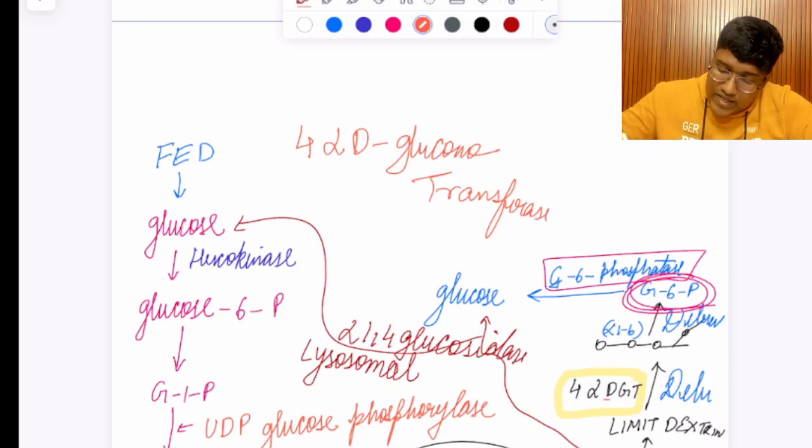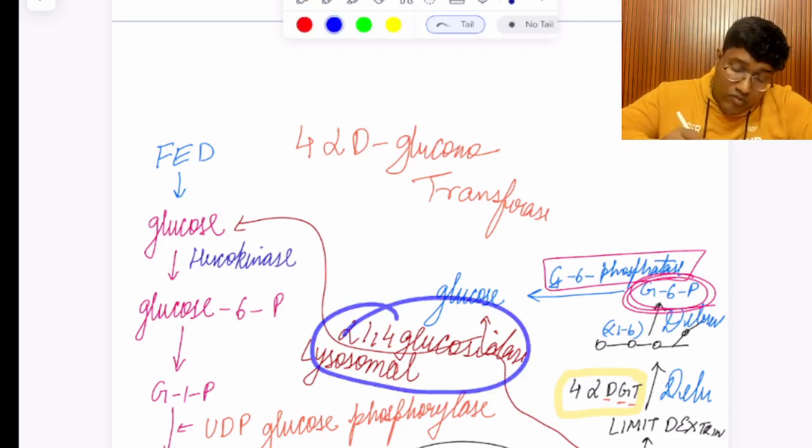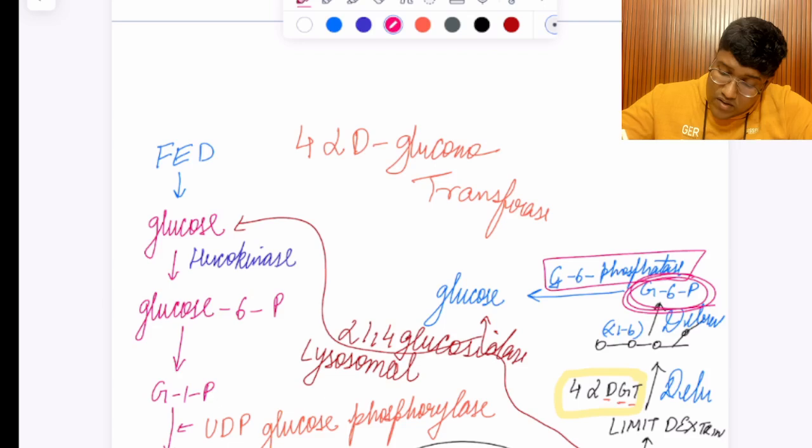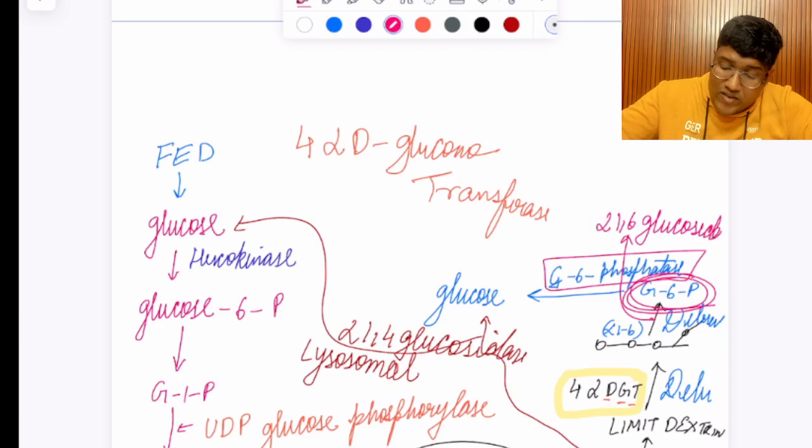So this D-glucanotransferase. And what is this alpha 1,6 debranching enzyme that breaks it? If we can call this alpha 1,4 glucosidase, I'm sure that we can call this enzyme, which works here, alpha 1,6 glucosidase. So these are the two enzymes.